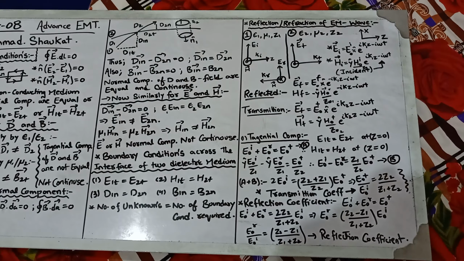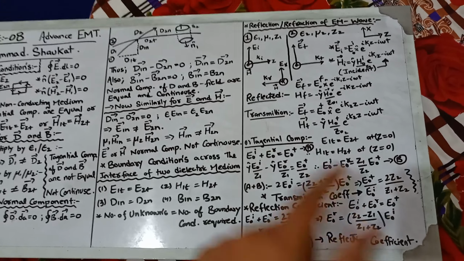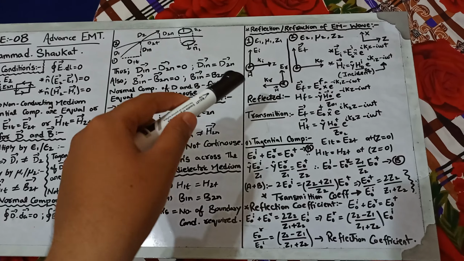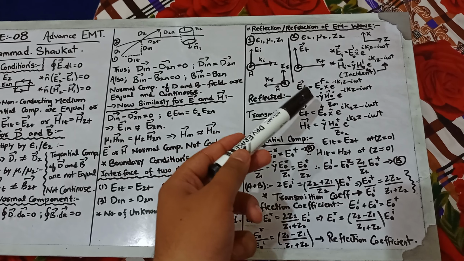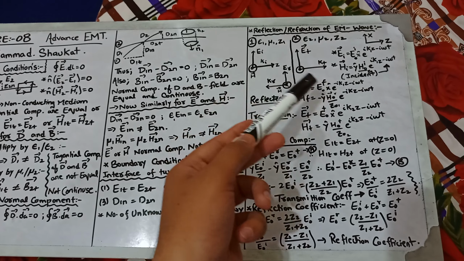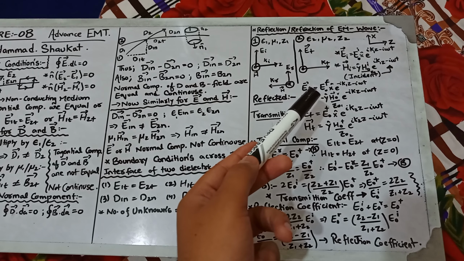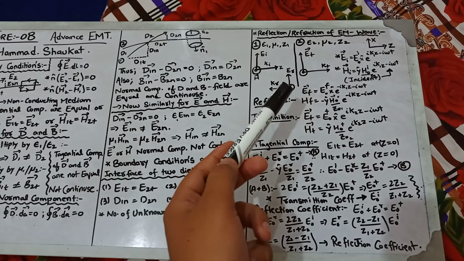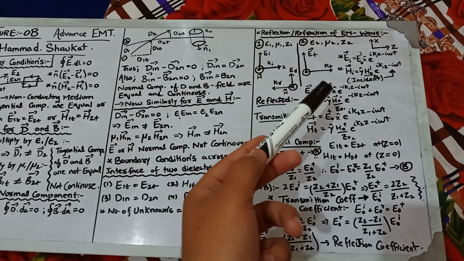Now you have to write for the case of reflected. So E reflected is denoted by Er, and again it equals E naught, which is the amplitude constant, in the X direction, because your electric field is in the X direction, so X cap here.